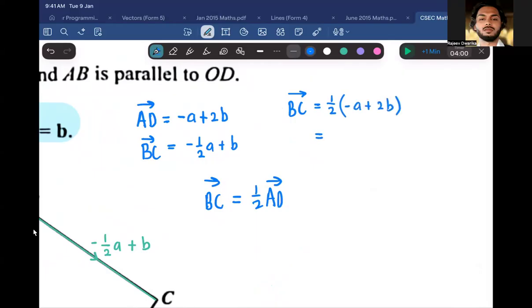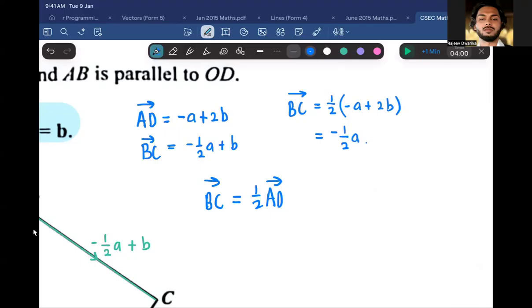So a half by negative A is negative a half A, and a half by 2B is what?